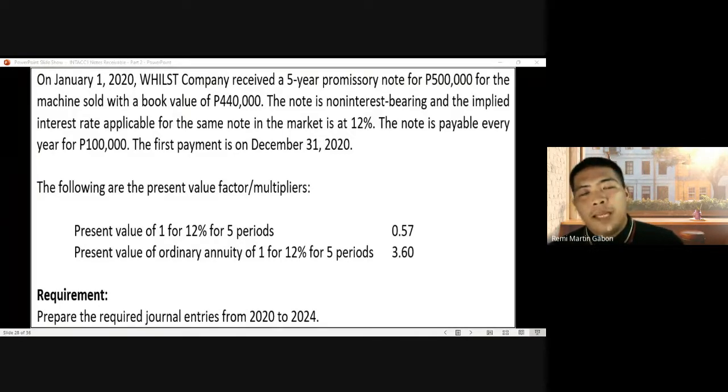So what does it mean? Why, after the specific PV of 1, do we subtract 1 then divide by 0.12?